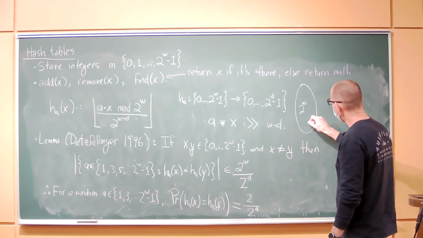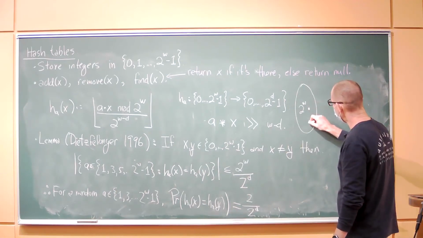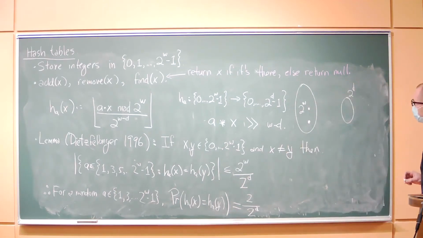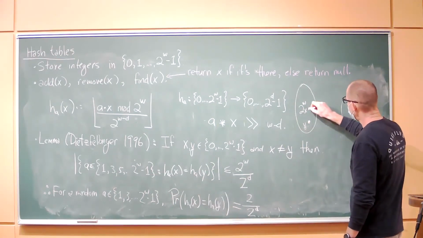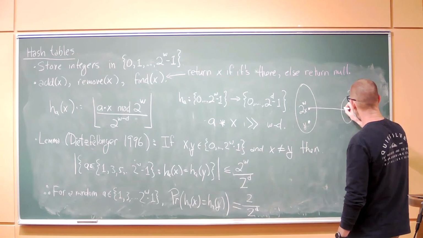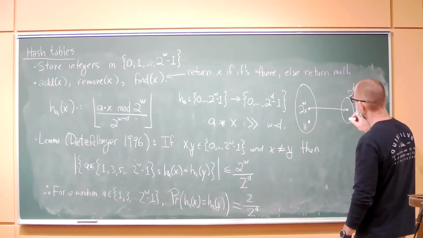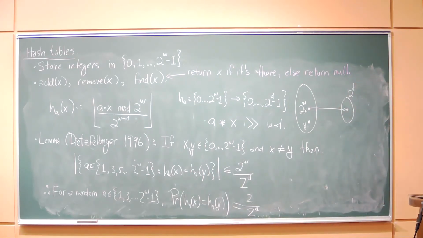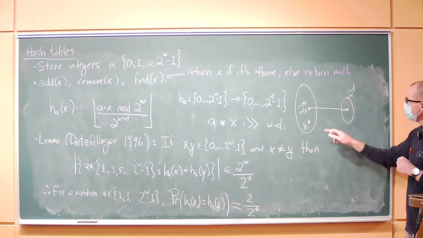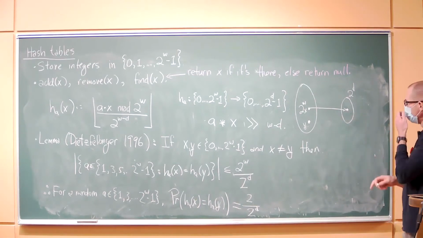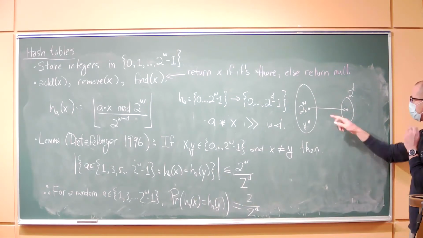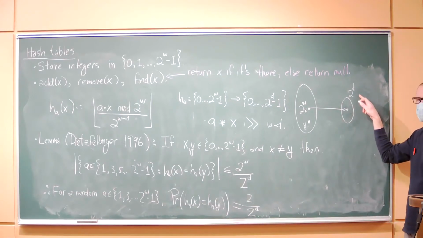And if I take two different values over here, x and y, then x goes somewhere. And if this was really a truly random function, then y would pick a random thing over here as well. And the probability that it would pick the same thing that x picked would be 1 over 2 to the d.